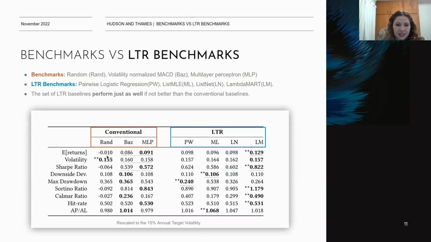On volatility, I see that just choosing assets at random outperformed. But the basic idea is returns and Sharpe ratio, and again, LambdaMART is the best one. It's quite interesting to see the same trend in this paper as well. Just a note, we rescale to the 15% annual target volatility, so that's what we're seeing over here.